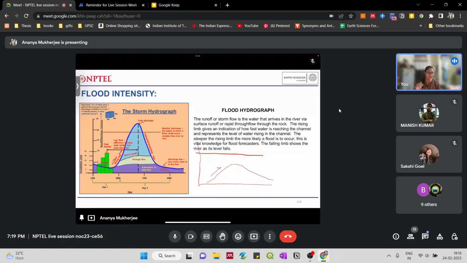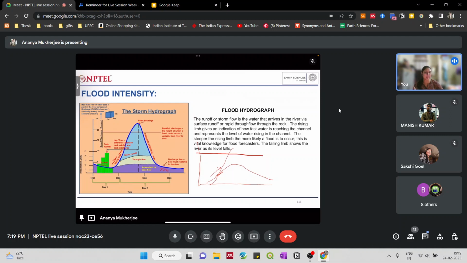So this is a gentler slope, and the chances of flooding during this kind of storm is low. But if your rising limb is showing a steeper response, that means the chances of flooding are more.